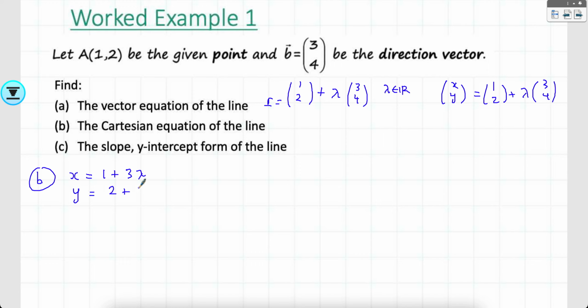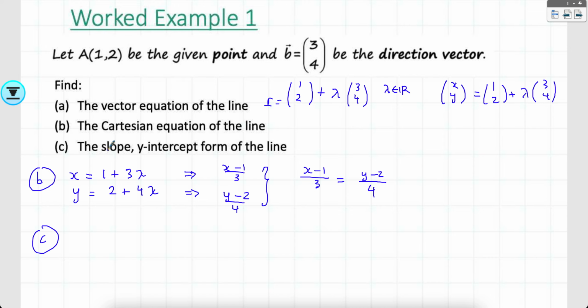And y equals 2 plus 4 lambda. Then if I make lambda the subject, it's going to be (x minus 1) over 3 equals (y minus 2) over 4. And then writing it completely in Cartesian form, we have this. Again, we could have taken the 3 and the 4 in the denominator and the opposite signs here.